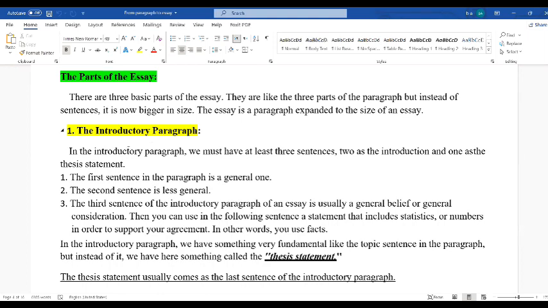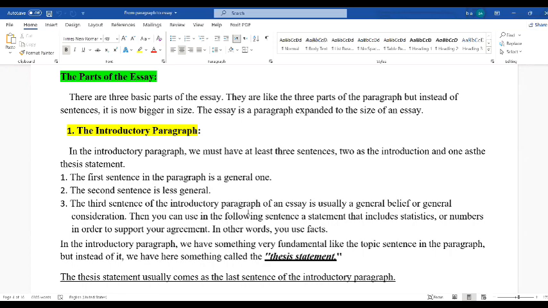Okay, the first paragraph, which is called the introductory paragraph, we said that we have at least a minimum of 3 sentences in the introductory paragraph. We will start by talking in general about any topic, then we will gradually go more specific to reach the thesis statement.